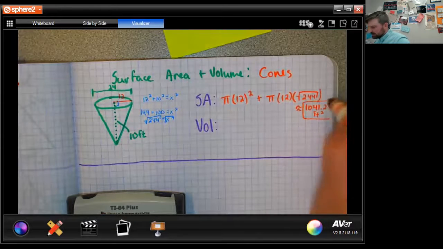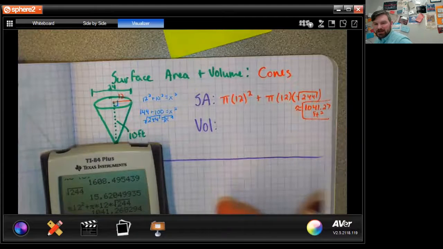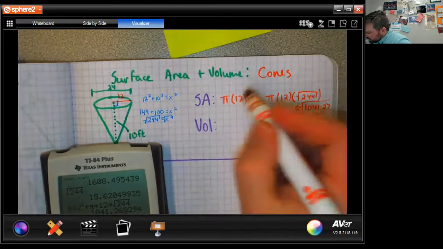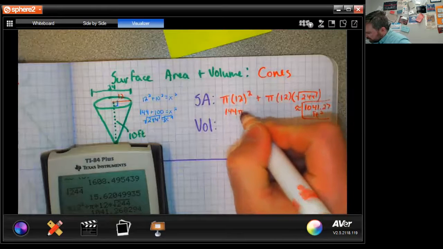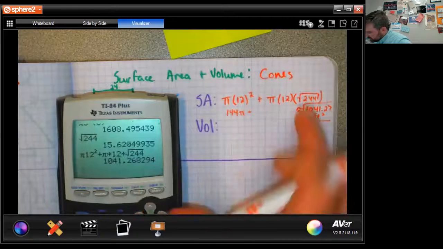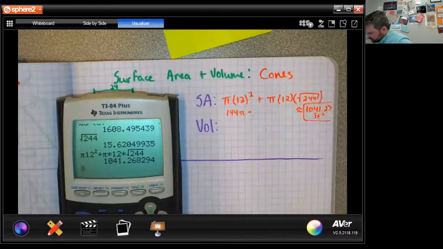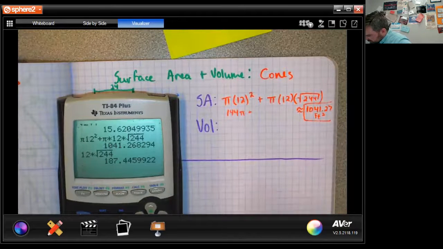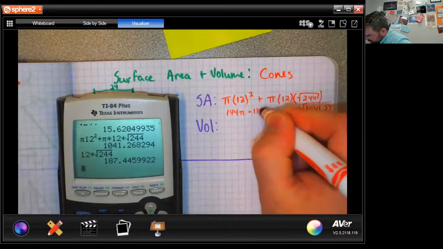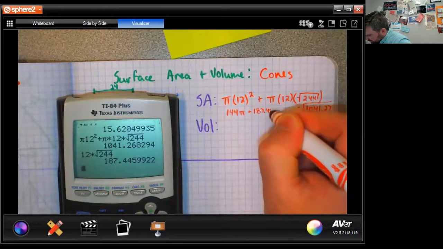Now sometimes they want you to leave it in terms of pi. So you'd have 144 pi there, plus, if I did this one, 12 times the square root of 244, that's 187.45 pi.